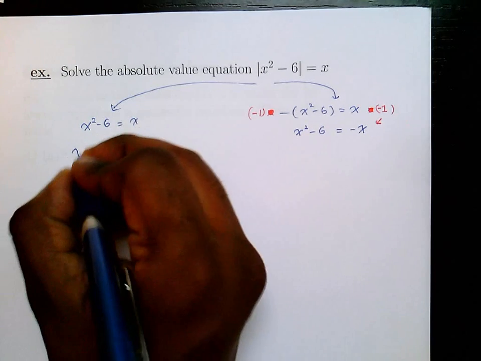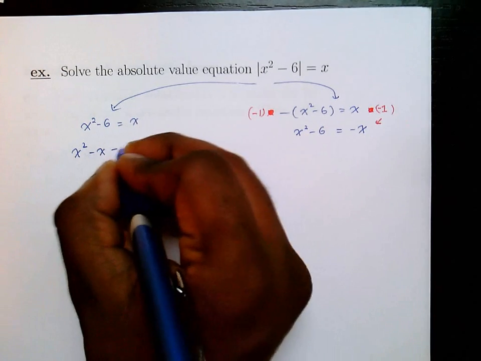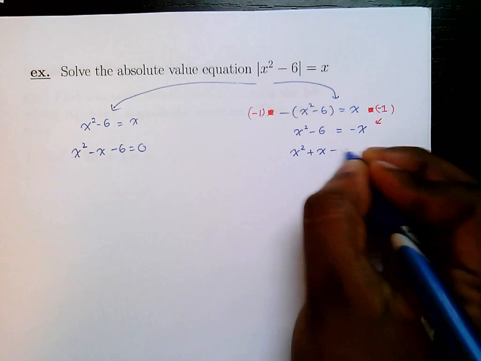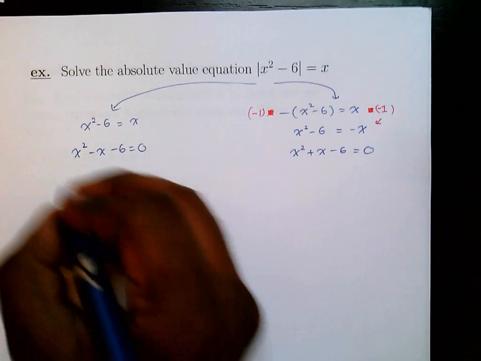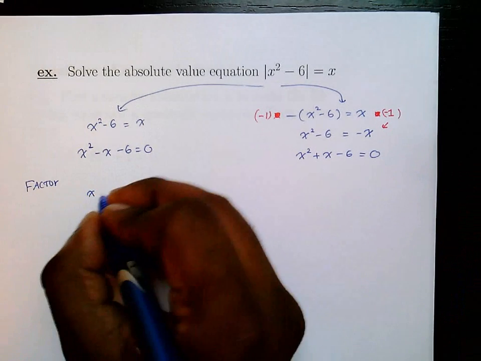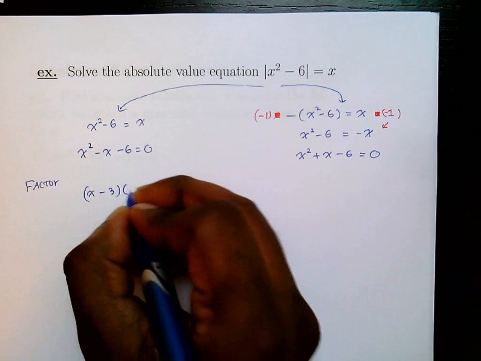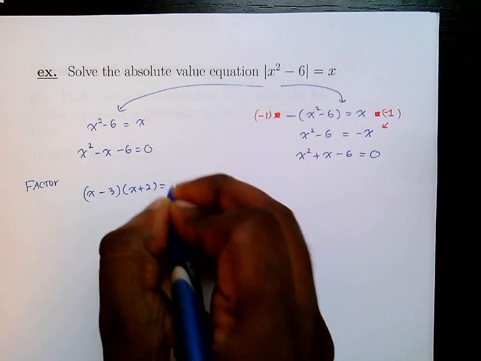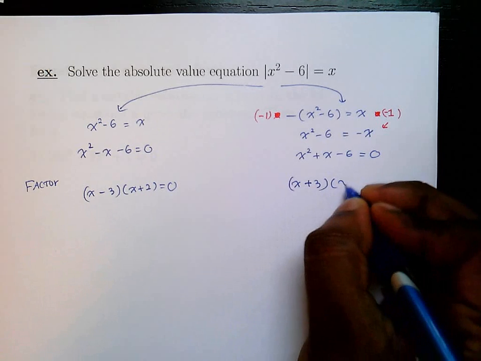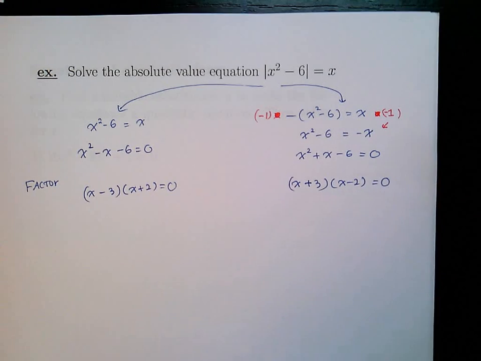And here you get x squared minus x minus 6 equals 0. Here you get x squared plus x minus 6 equals 0. Factor: x minus 3, x plus 2 equals 0. x plus 3, x minus 2 equals 0.